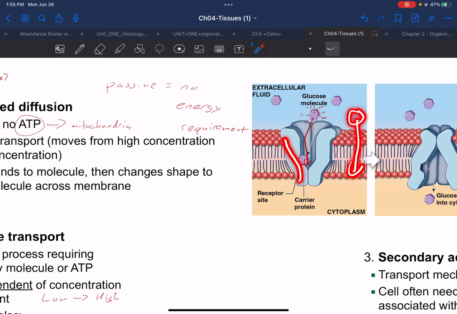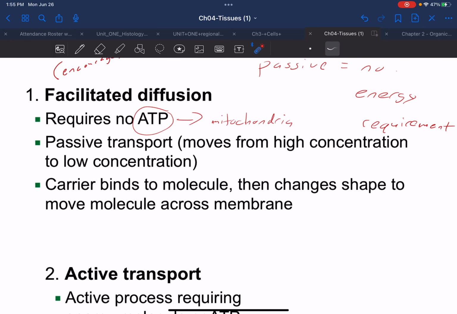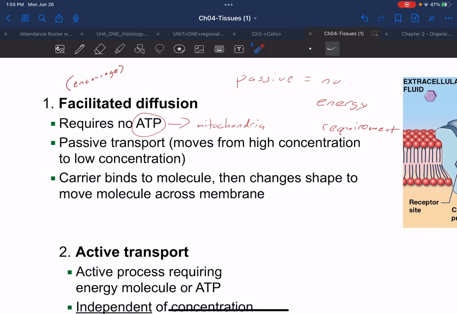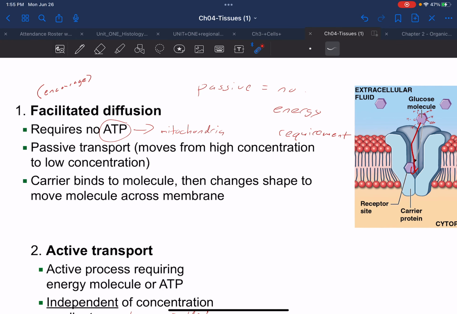But these proteins are a form of facilitated diffusion because now it speeds up the rate at which things go through, which will matter when you go over GLUT proteins, which are the ones that allow sugar to go into the cells. And that's kind of the talk about insulin and diabetes.